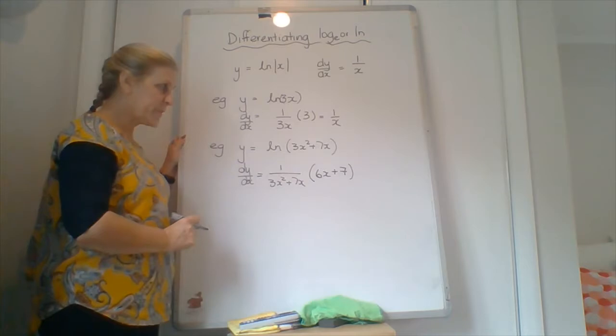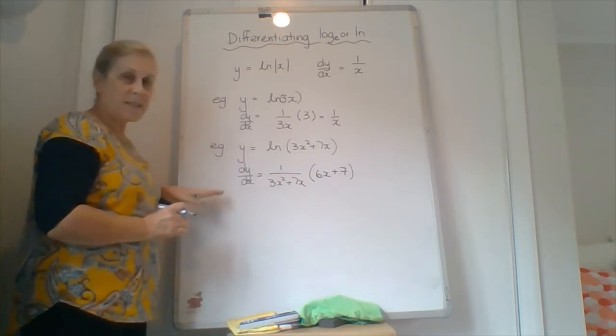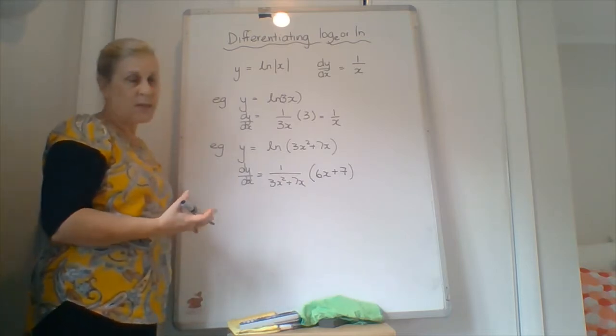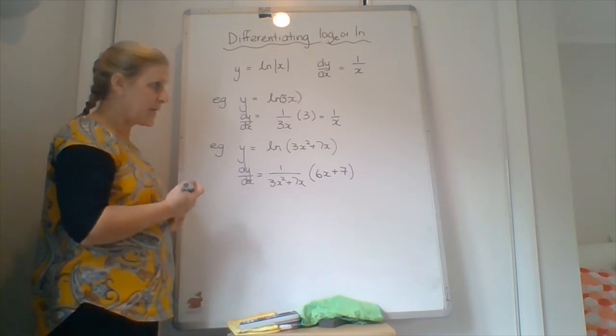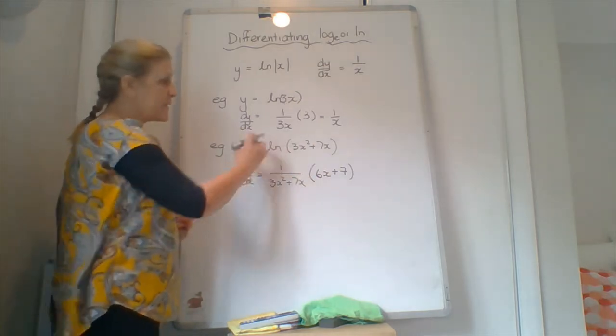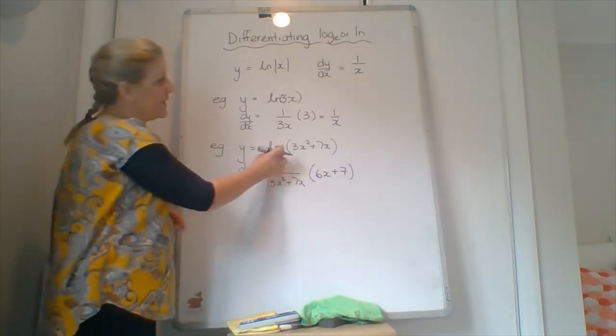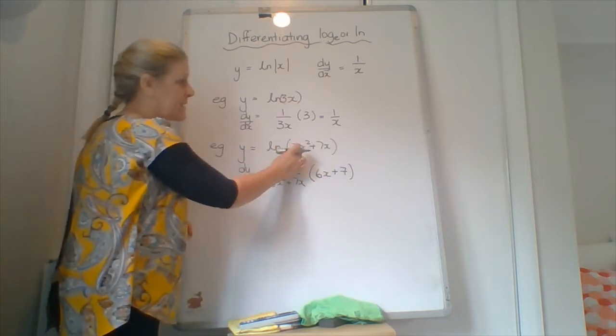All right? Now one thing that comes into this is the log rules, because log rules actually can help us a lot. We could split this up using log rules. So ln of this will equal ln of this.